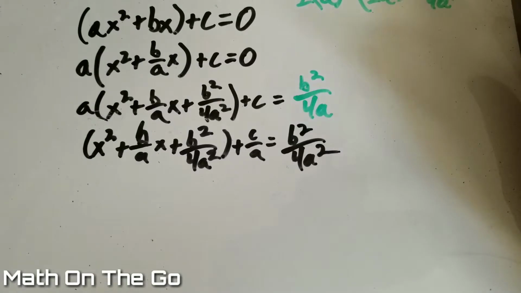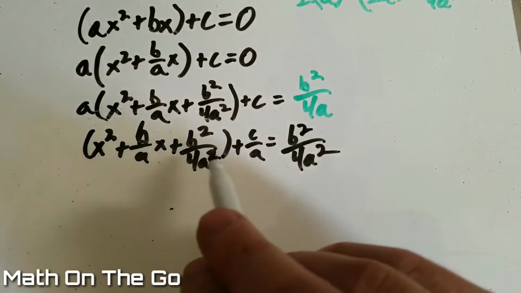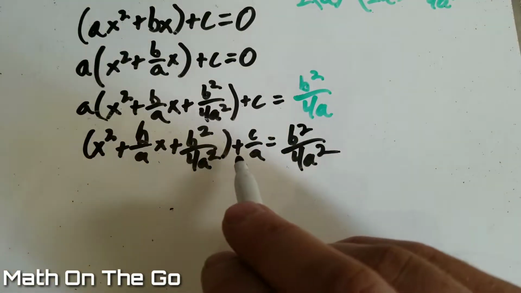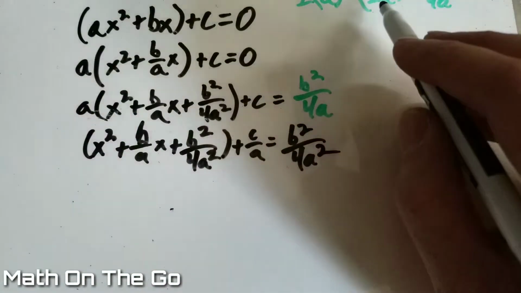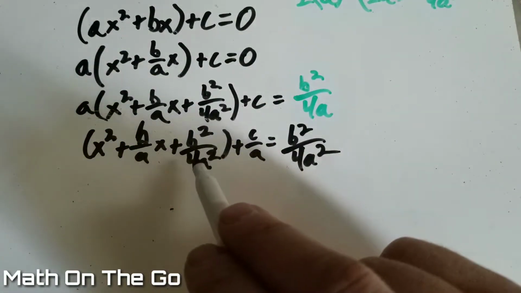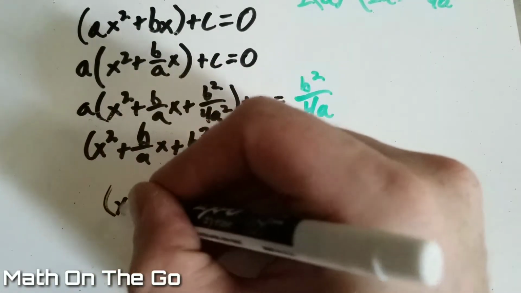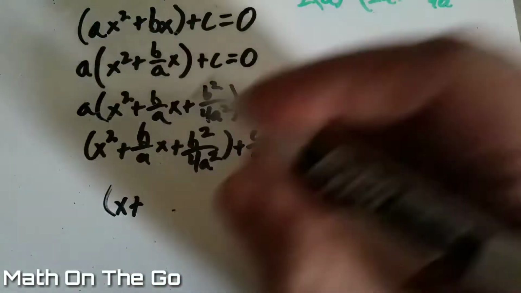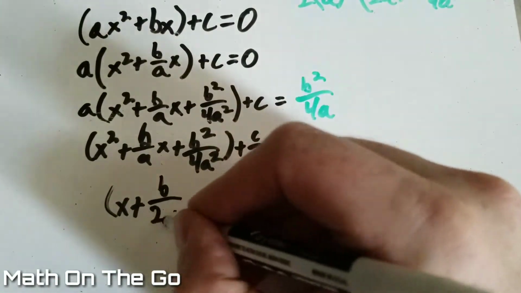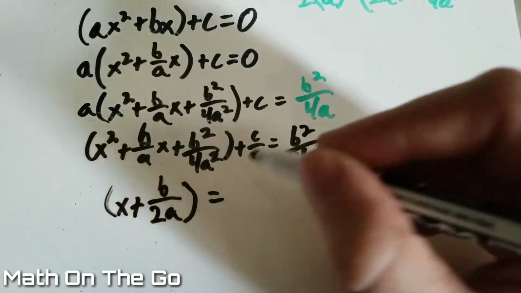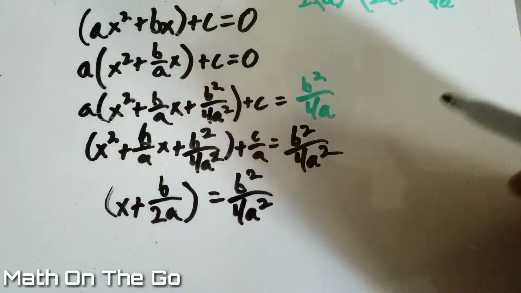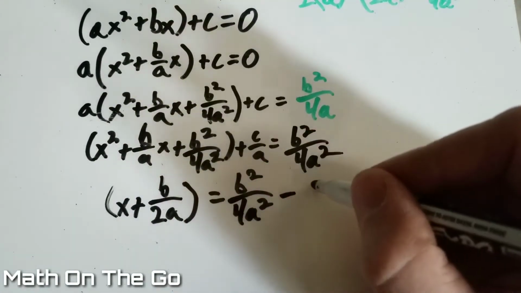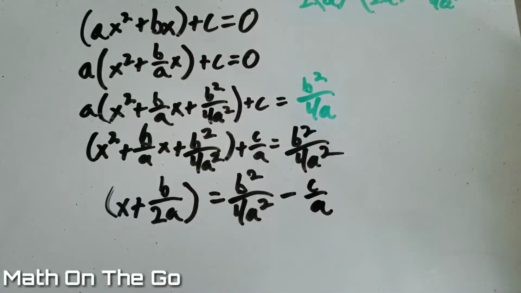All right. Now we're going to factor this left side, and I'm going to at the same time subtract the c over a to the other side. So what we end up with here, just like before, when we factor this, we end up with x plus b over 2a, squared, equals b squared over 4a squared minus our c over a.